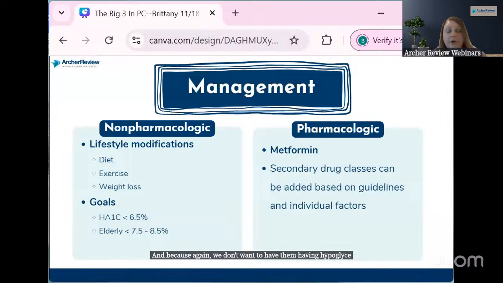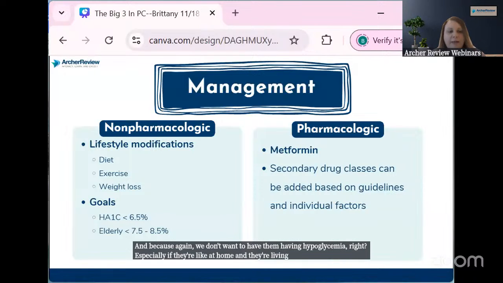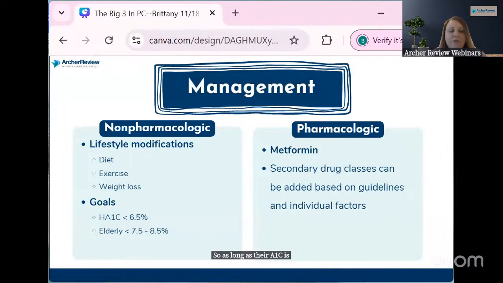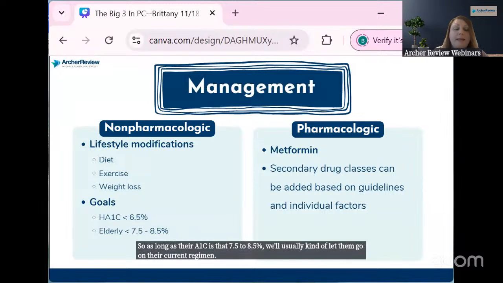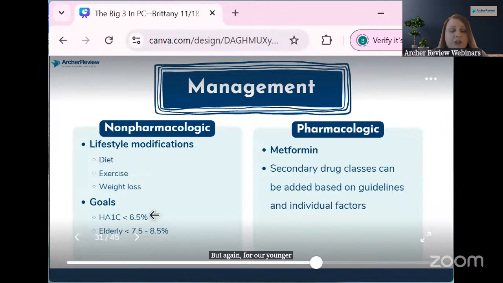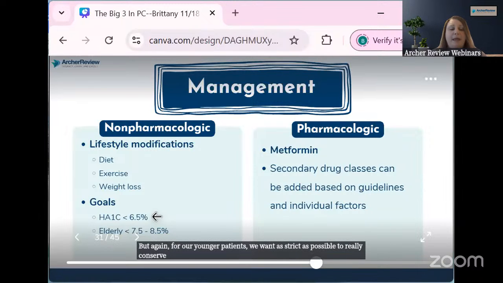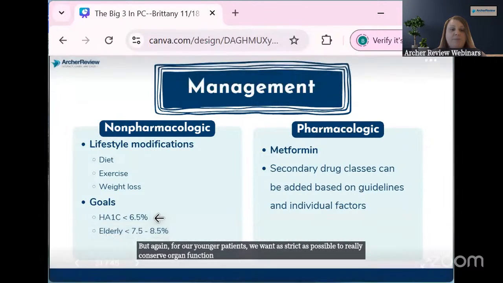Especially if they're at home and living alone and they're a frail elderly patient. So as long as their A1C is that 7.5 to 8.5%, we'll usually let them go on their current regimen. But again, for our younger patients, we want as strict as possible to really conserve organ function and everything over the long term.